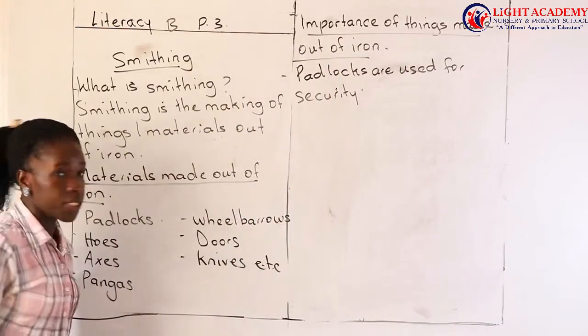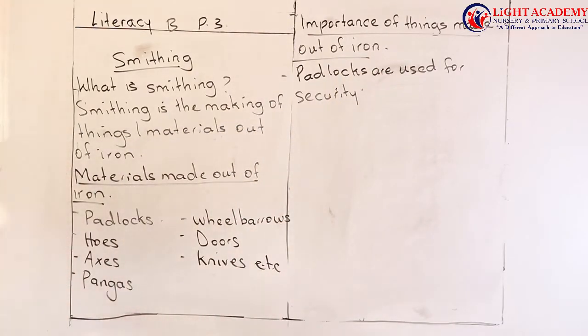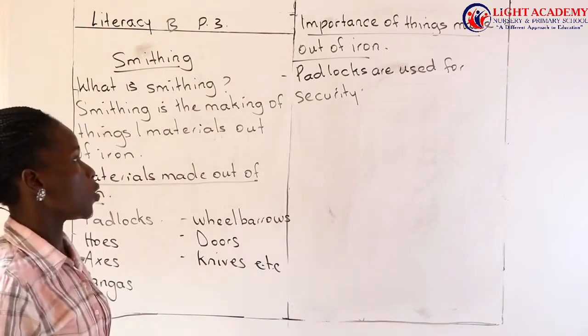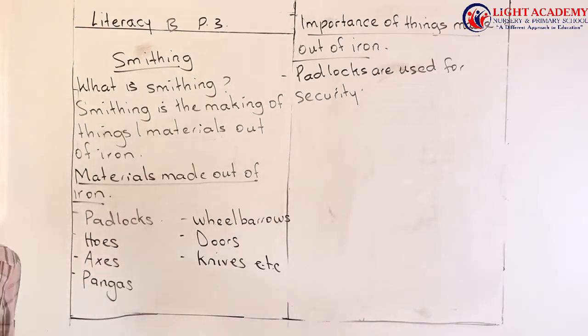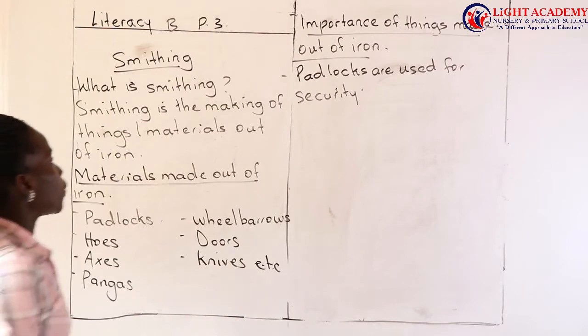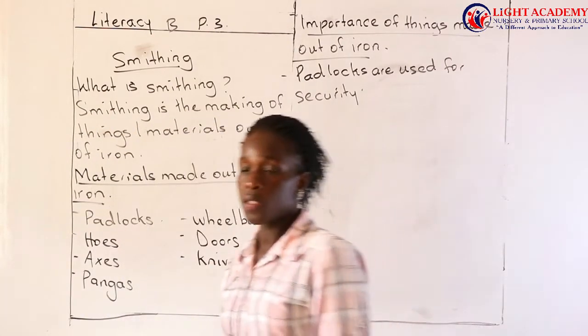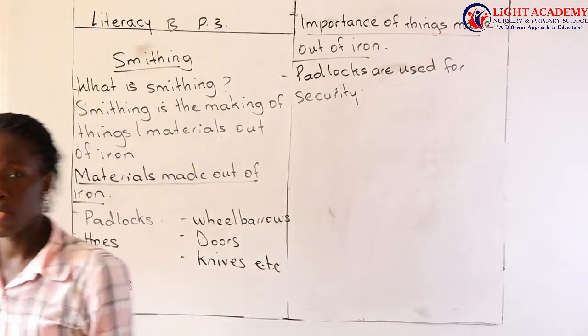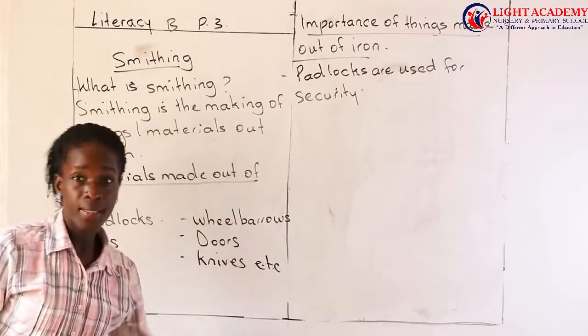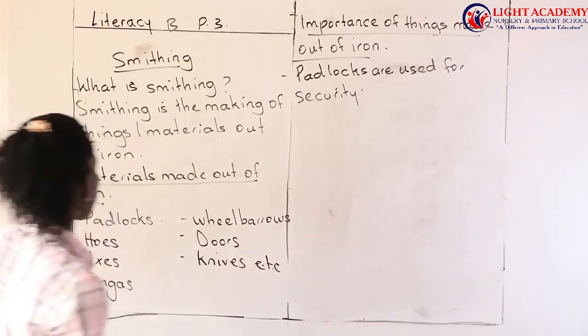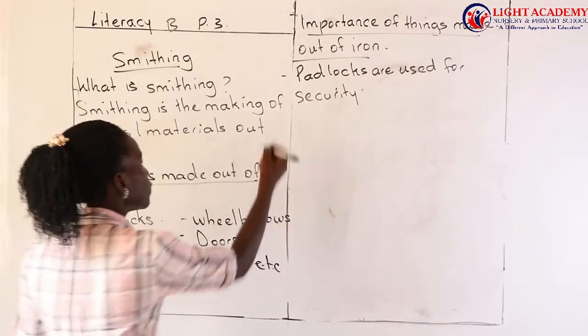For example, you're sleeping in your house, you need to lock your door using a padlock because you never know, you're not safe. To avoid a thief from breaking into your house when you're not around, make sure you close the door using what? A padlock.